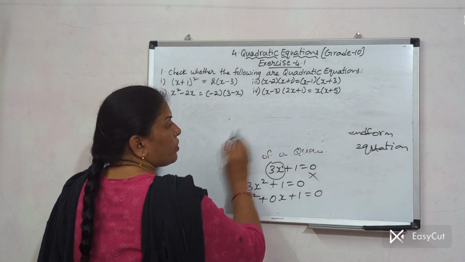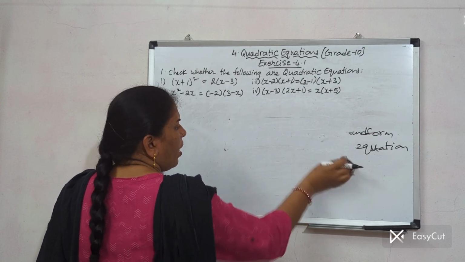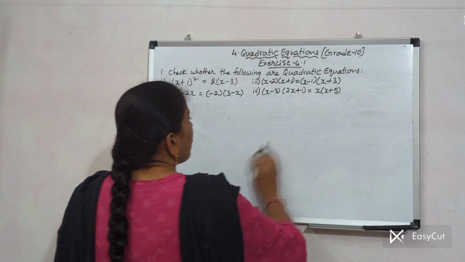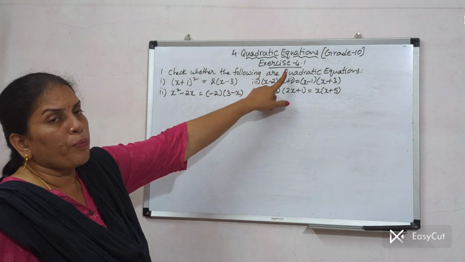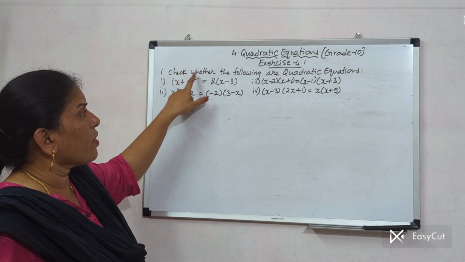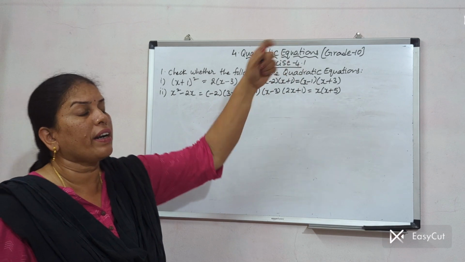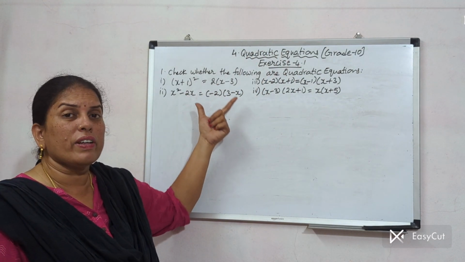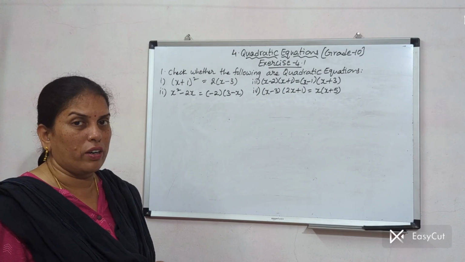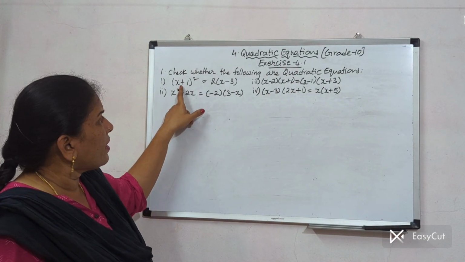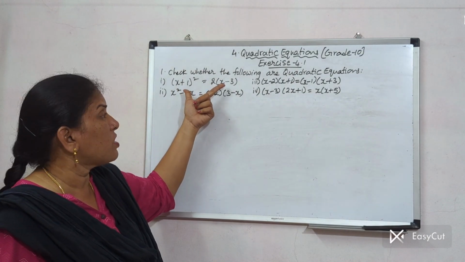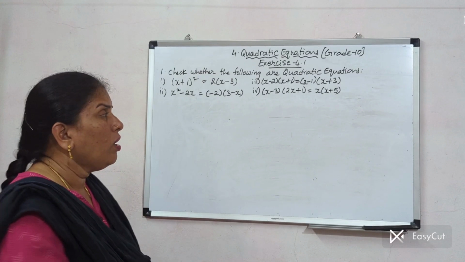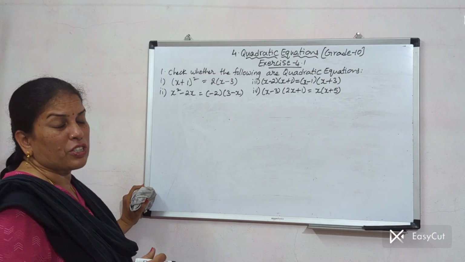Now let's go into the exercise. What is the exercise? See here. Exercise 4.1, first question: check whether the following are quadratic equations. They asked you to check whether the given equations are quadratic equations or not. Is there any x square term? No, it is not in a proper way, so you must convert that expression.